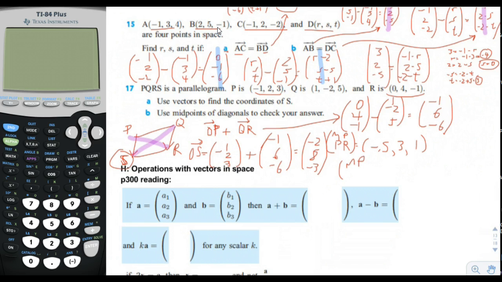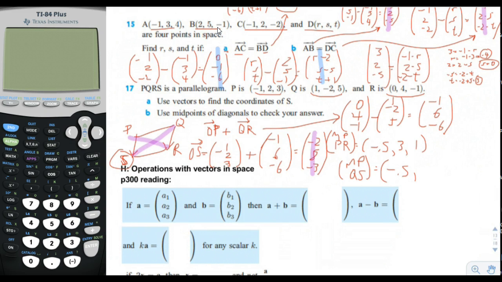What about the midpoint of Q and S? I should get the exact same thing. So Q is 1, -2, 5. S is this thing here, -2, 8, 3. So halfway between 1 and -2 is -0.5.